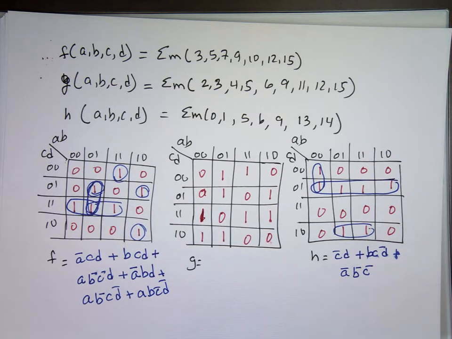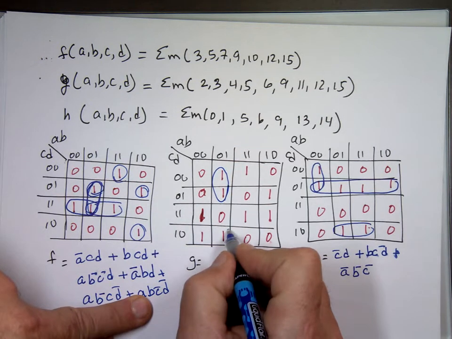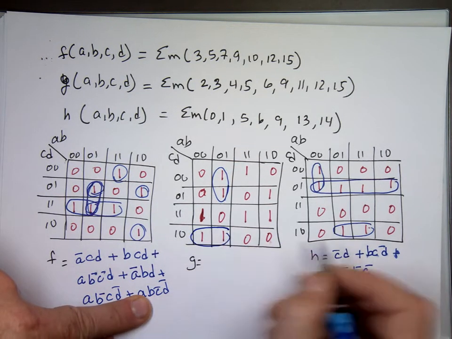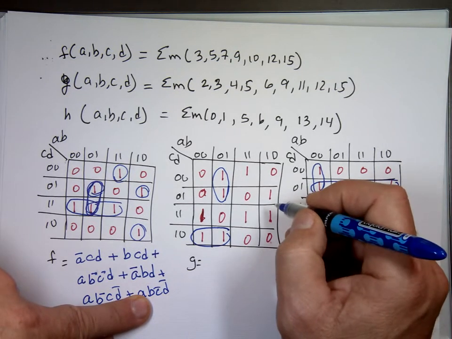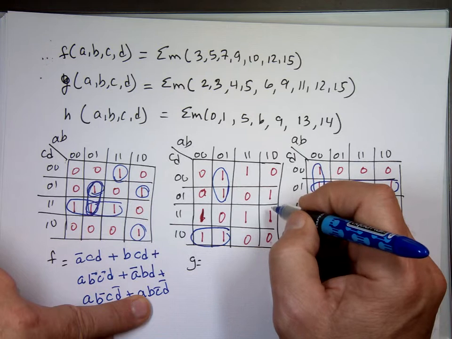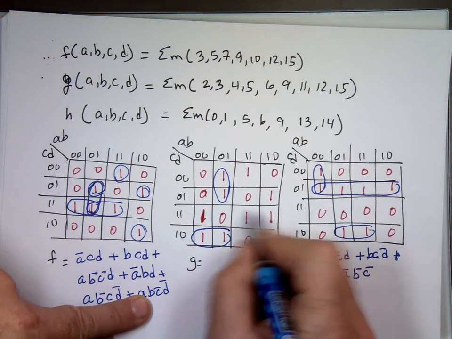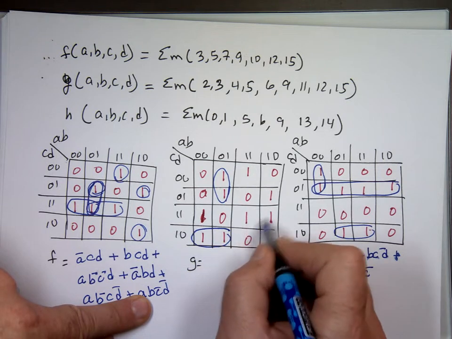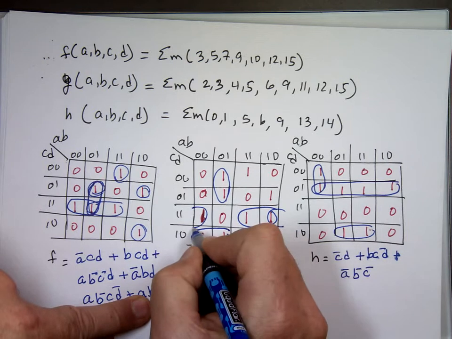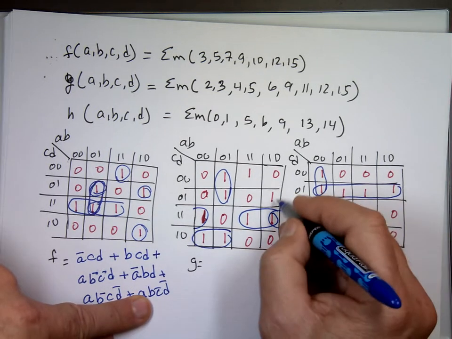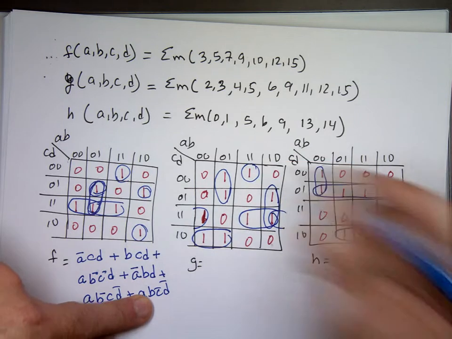I have a few options here, because I can go this way to get this one. I can go this way, then I can go this way and that way.